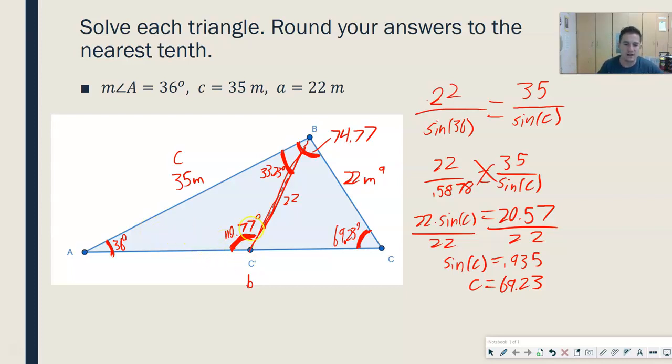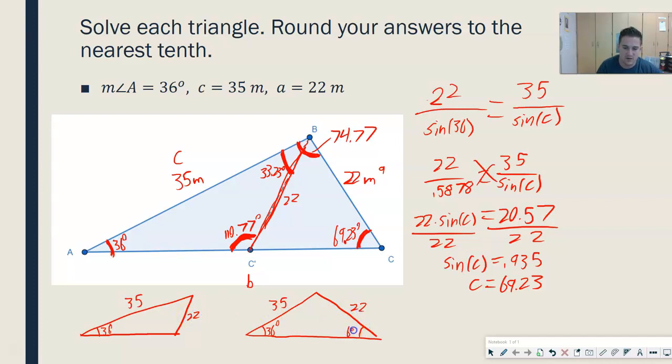So then if I wanted to keep solving, I could. I'm not going to completely finish solving this triangle, but I would have this triangle right here, and I'd have that triangle right there. Both of these angles would be 36 degrees. Both of these sides would be 35. Both of these sides would be 22.